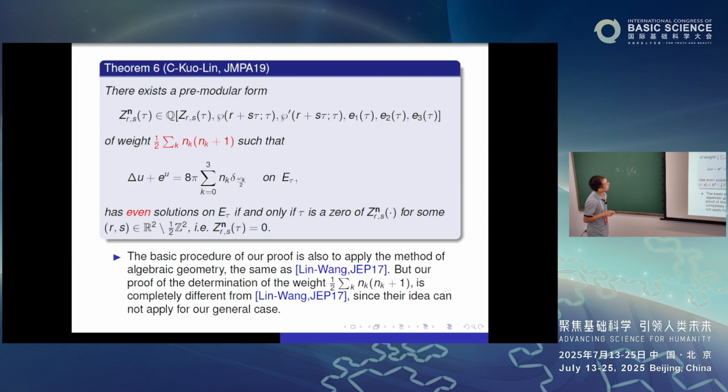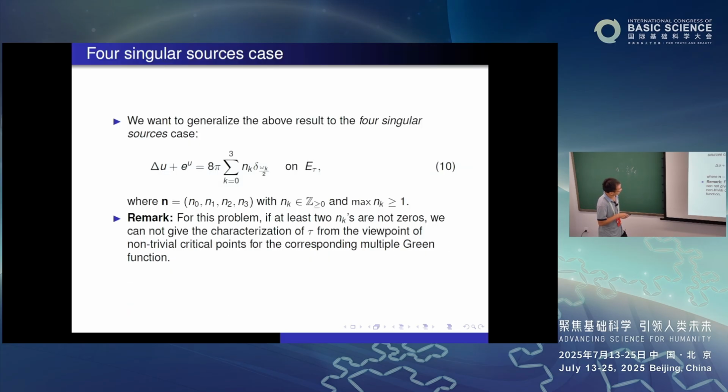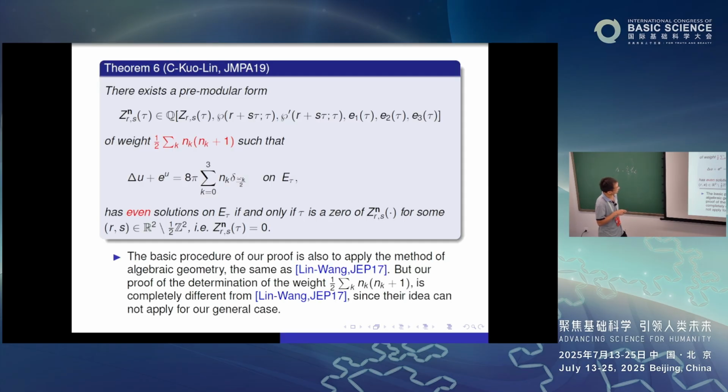Joint with Professor Lin and Ting Longguo, both from Taiwan, we also proved that for general n, there also exists a pre-modular form such that this equation has even solutions if and only if tau is a zero of such a pre-modular form.